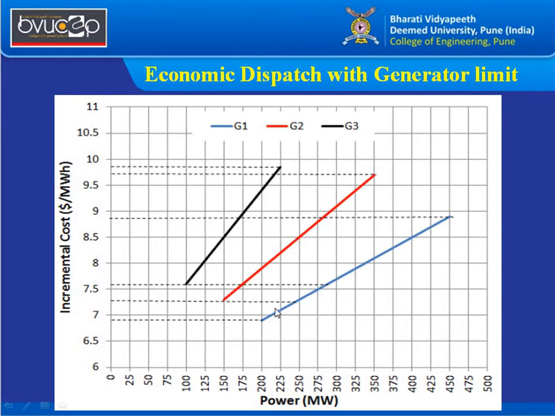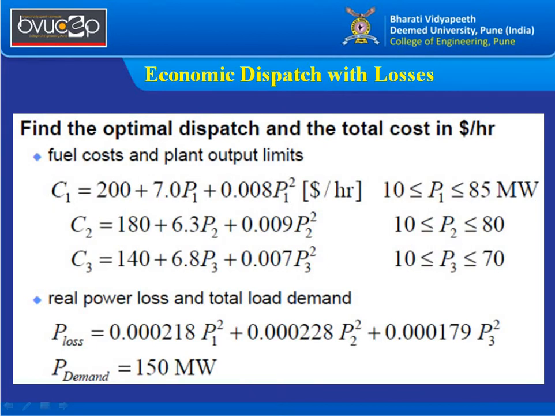For generator 3, the lower end of the incremental cost is less and its higher end is also less, but with more power being generated by generator G3. So this graph clearly gives the analysis of the three generating units with the incremental cost and power. We can do the comparison easily. This is beneficial from the analytical point of view with the generator limit.